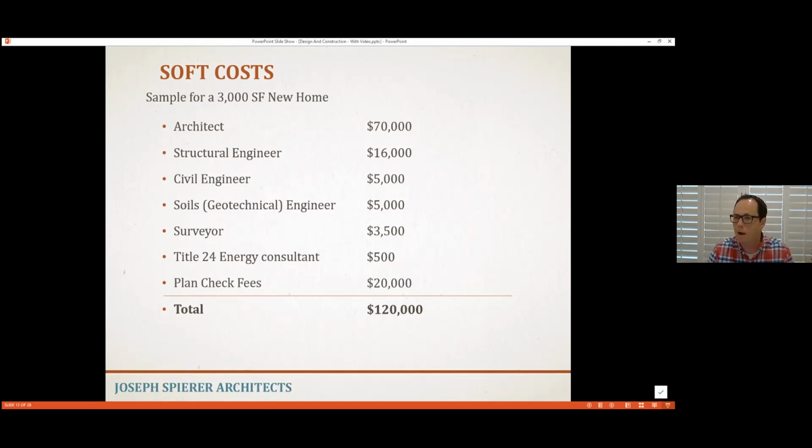It's not that it's a bad product, but maybe they're not giving you visualization. Maybe they say, you get one design, it's my design, I'm just going to submit it for you, and that's the end of it. And then on the extremely high end, you might spend $200,000 for this same 3,000 square foot home, and again, everywhere in between. So it all just depends.